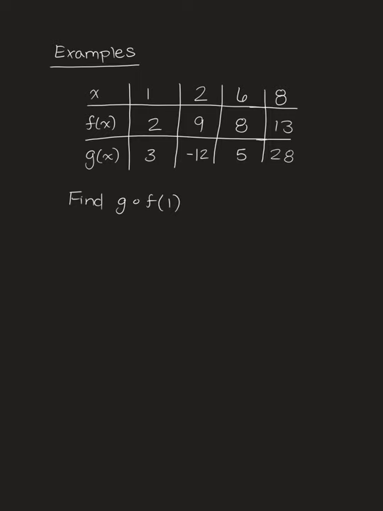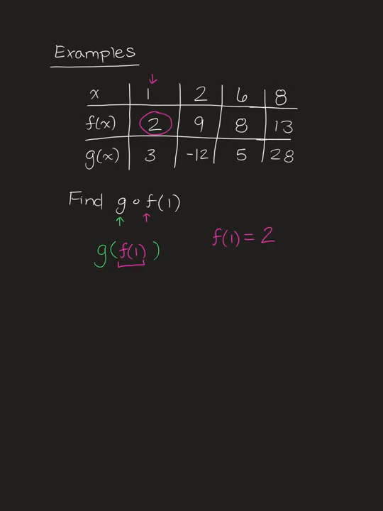We are asked to find goff. So g is your outside function, and f is your inside function. We are going to evaluate f of 1 first. If I look at the table, when x is 1, what is f? That's 2.